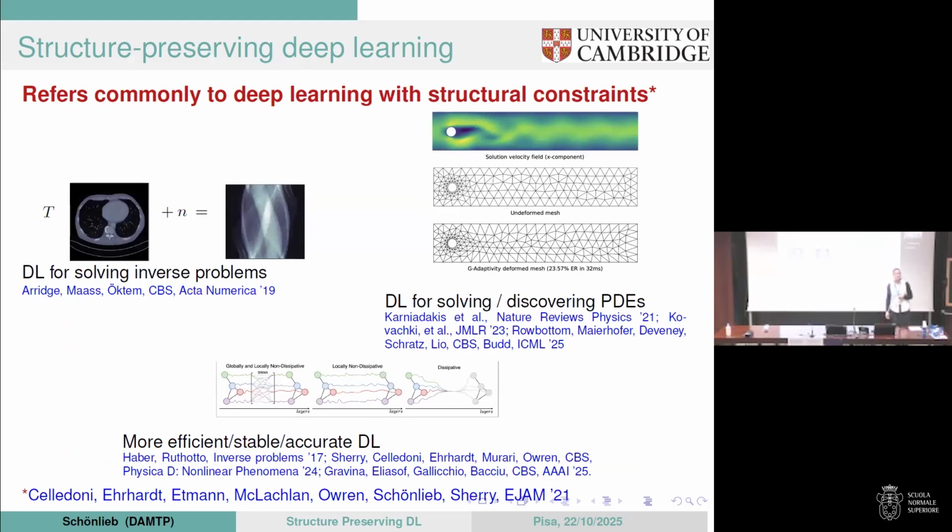So what I'm going to talk about is structure preserving deep learning. And this has been a topic that has really kept us engaged for the last couple of years, as a topic where deep learning, or recent advances more generally in data science, really offer opportunities for mathematicians for solving problems differently.